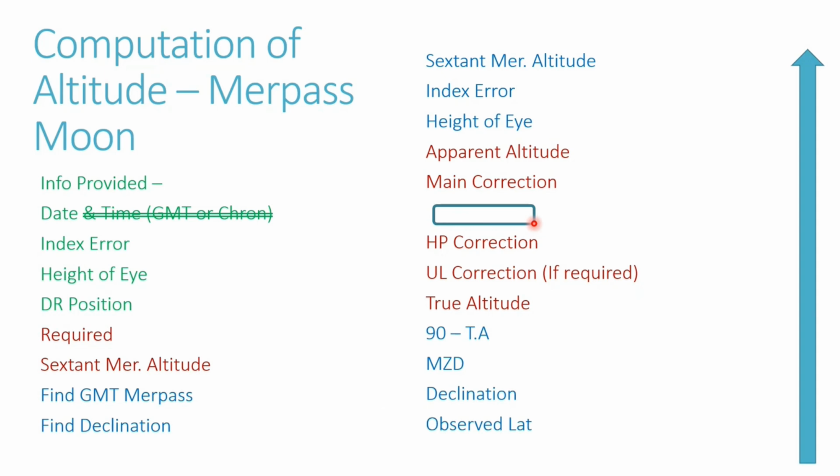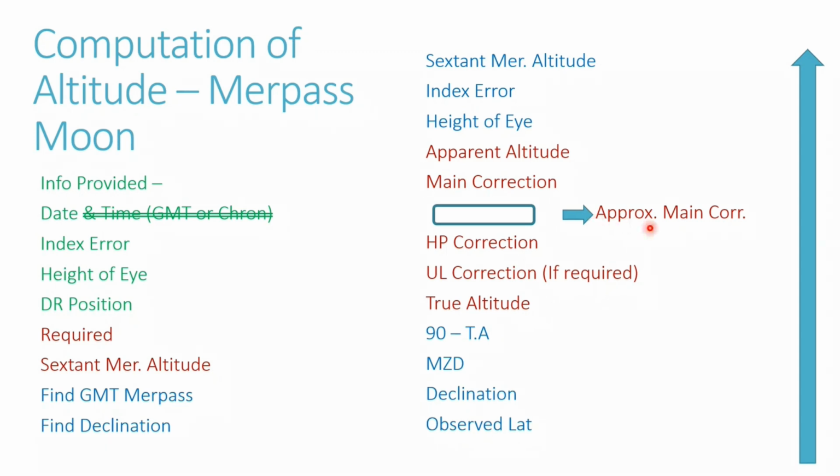Now, the main correction you get will not be accurate. It will not be exact. It will have error in it. We can call it the approximate main correction. So when you enter the table using the uncorrected altitude, you get the approximate main correction.